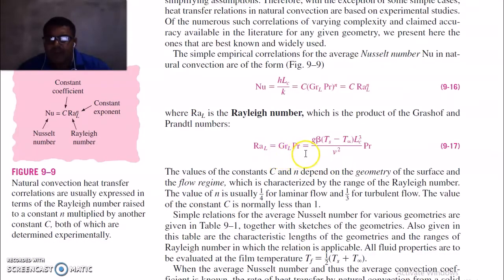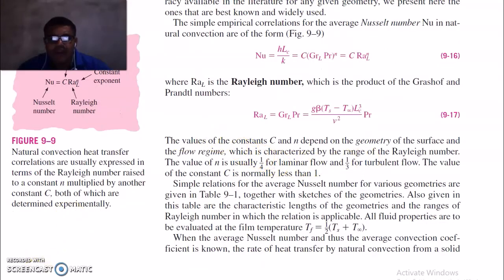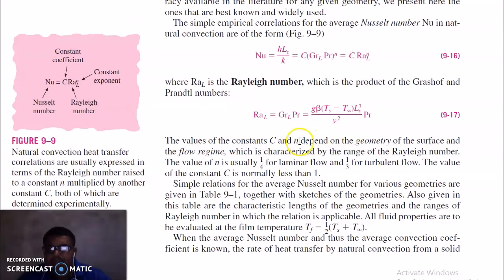So Rayleigh number is equal to g beta (Ts minus T infinity) Lc cube by nu square, into Prandtl number. The values of constants C and n depend on the geometry of the surface and the flow regime, which is characterized by the range of the Rayleigh number. The value of n is usually 1/4 for laminar flow and 1/3 for turbulent flow.